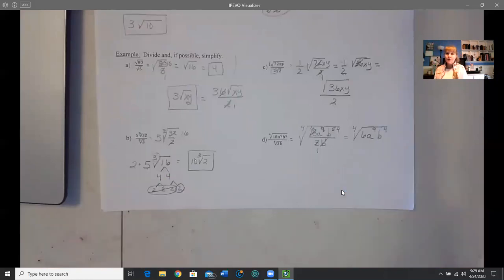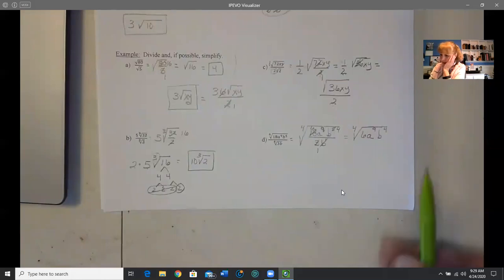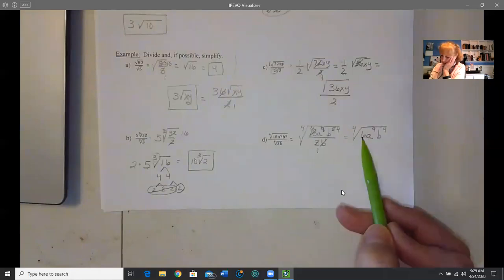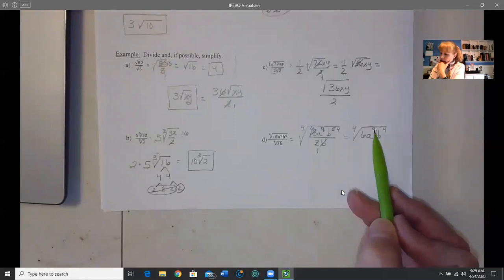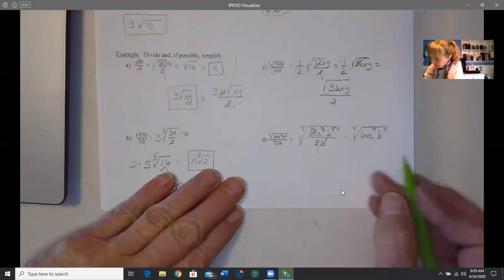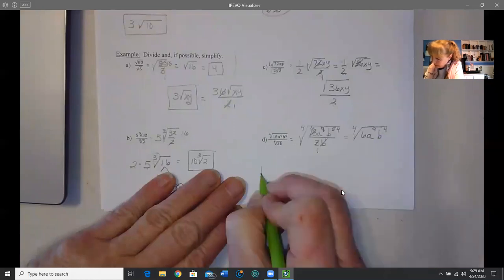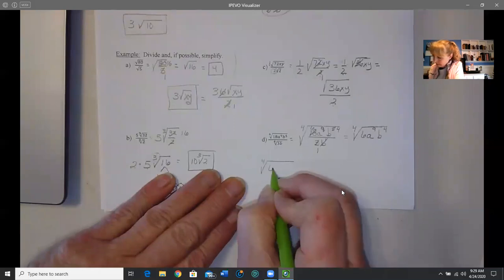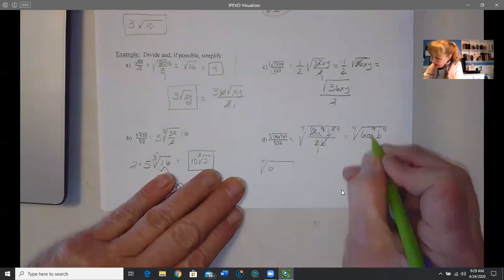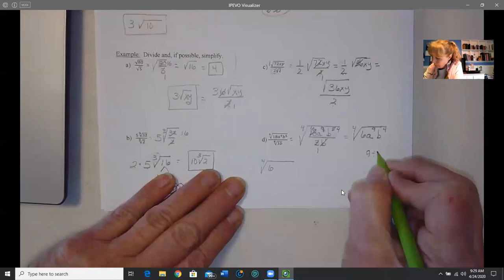And I need to look for 4 of something. Well, the 6, there's only 1, 2, and 1, 3, so it stays. Now the 9, I can do the 9 divided by 4.